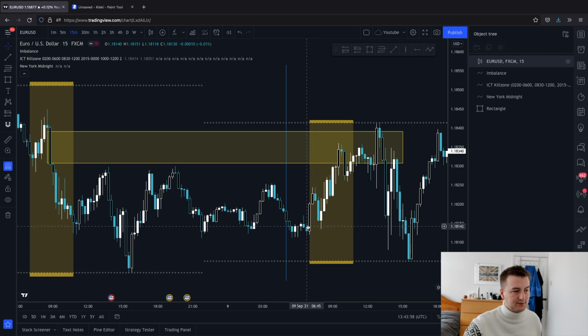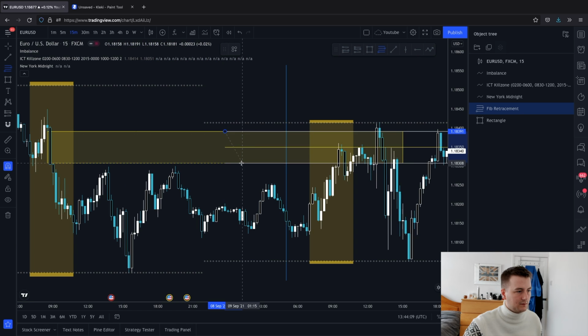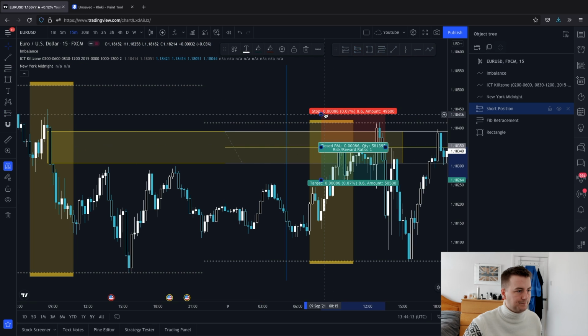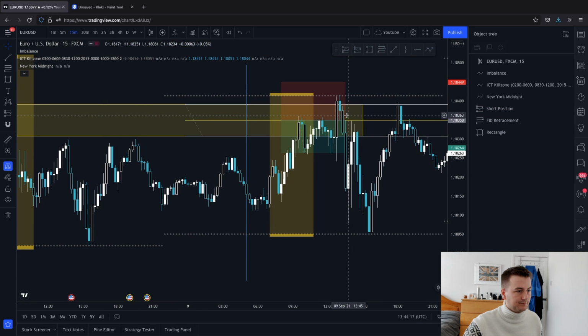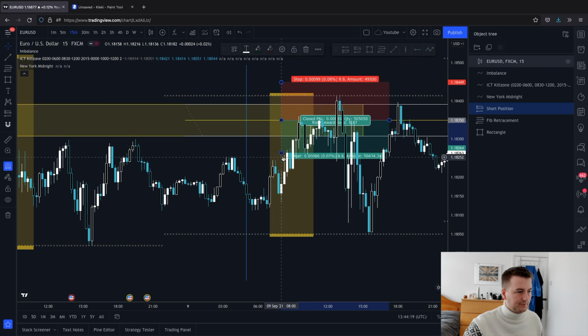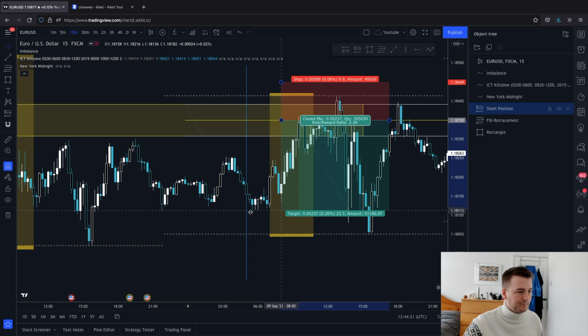It does its thing, and then it pushes up and hits 50% of this imbalance over here, right? So we mark up the 50% zone, place a sell order, stop loss at the high, and we target the low.